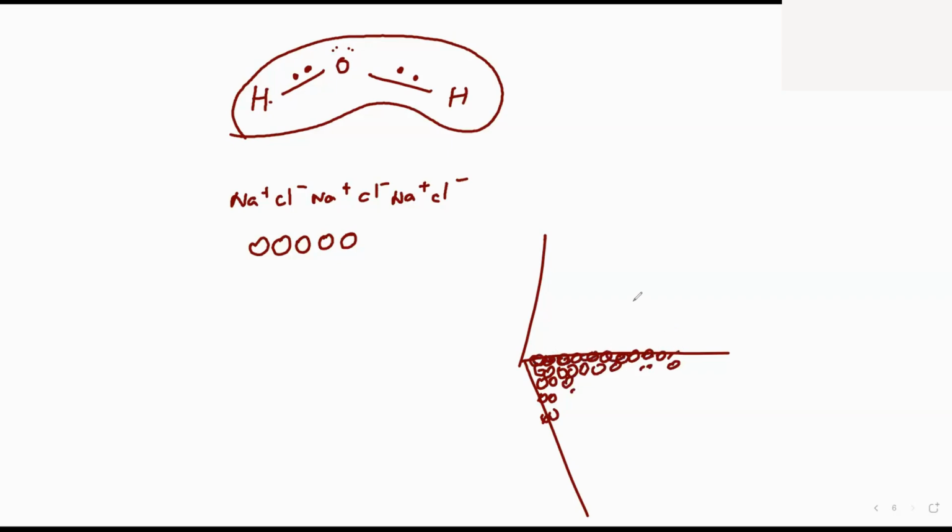So this layer-wise, proper, three-dimensional regular arrangement is called a lattice arrangement. And here, there is no other option because a positive always attracts a negative, and a negative always attracts a positive.